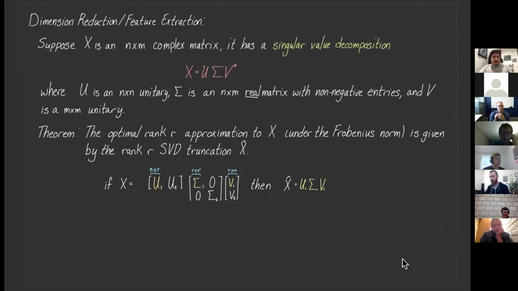But the neat part about this is that if you want a lower rank approximation to your matrix, the rank R SVD truncation, so just taking, let's say, the first R columns, is the optimal approximation under the Frobenius norm, right? And so essentially the idea is that a lot of the information about whatever your matrix is is captured and organized in a way that the first few columns capture most of your information.